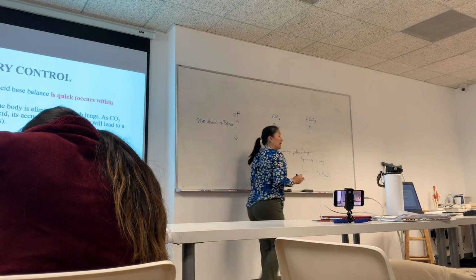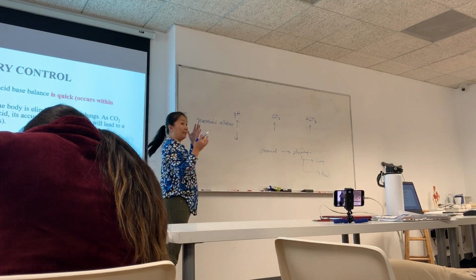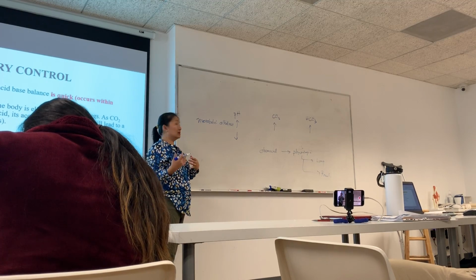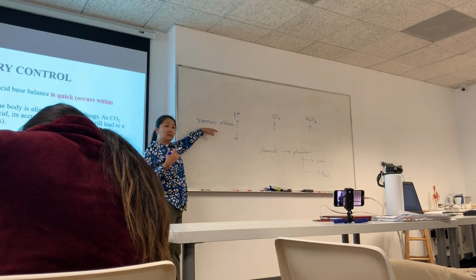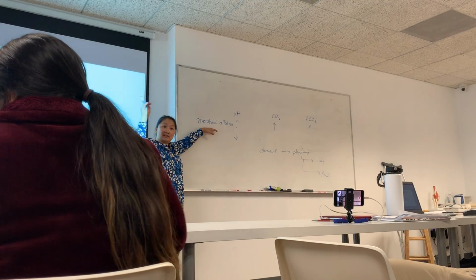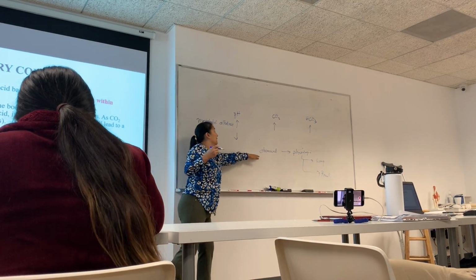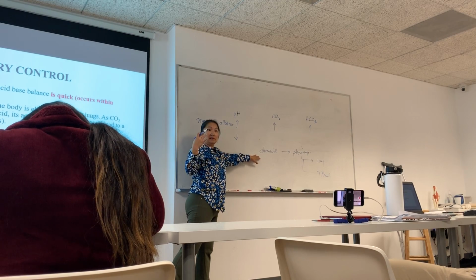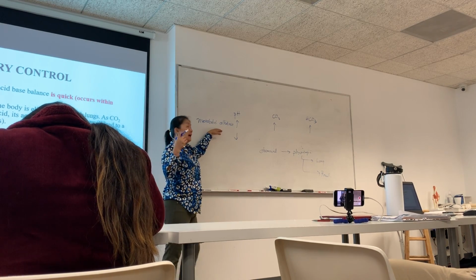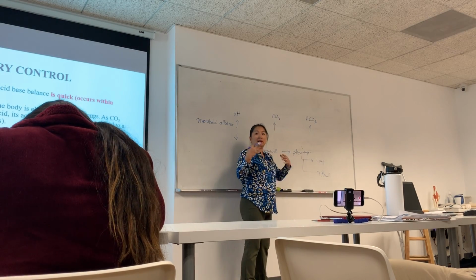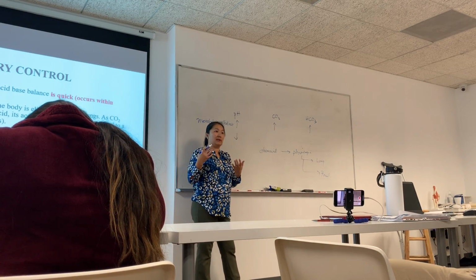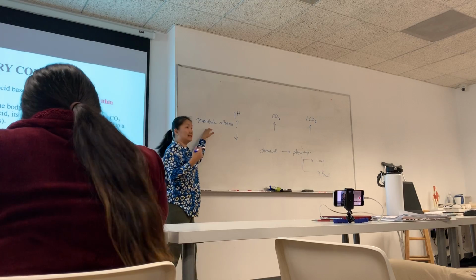So if your body is making too much base, then you're alkalotic. The chemical buffer system kicks in, but you're still alkalotic. And then the respiratory system kicks in. If you're alkalotic, what will your respiratory system try to do to neutralize this base?